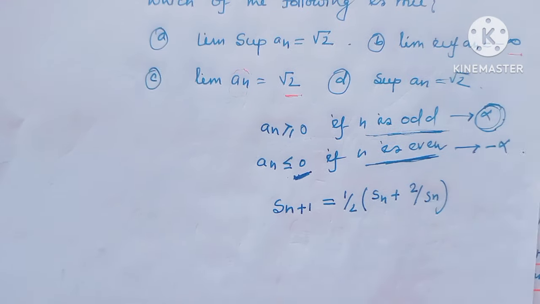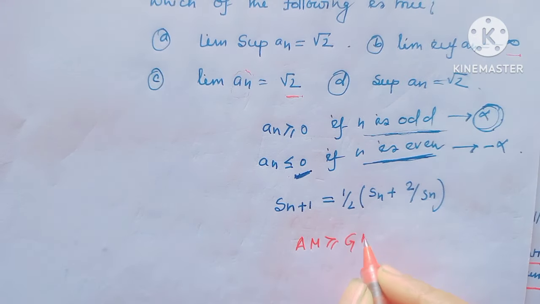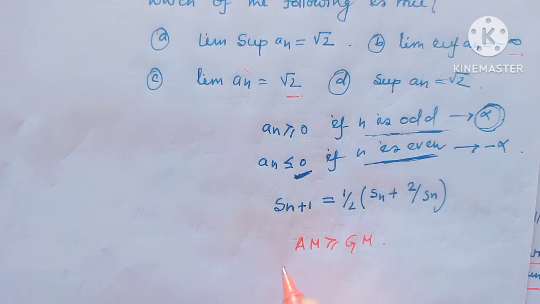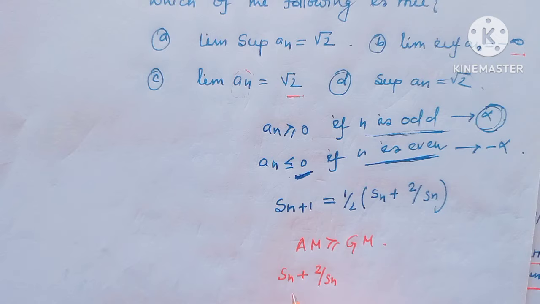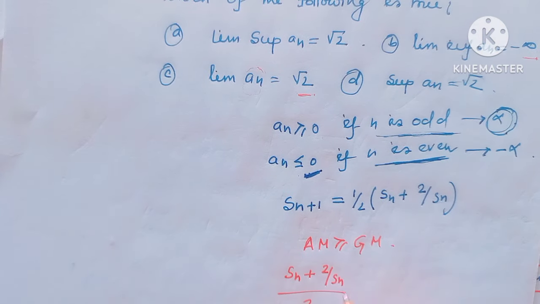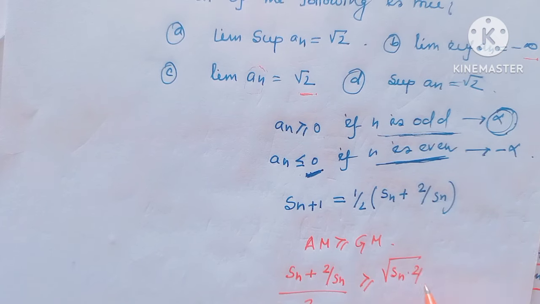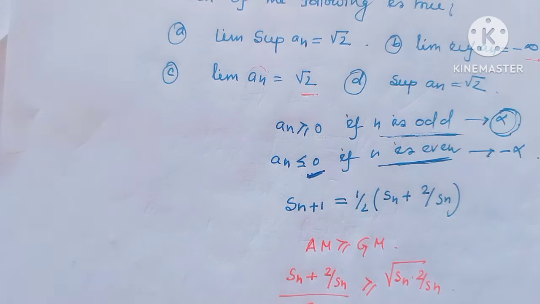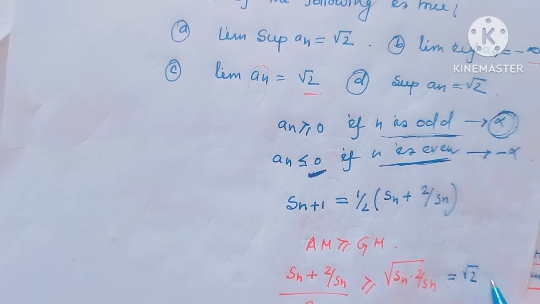If you consider AM greater than or equal to GM, then we all know that Sn plus 2 over Sn, divided by 2, is greater than or equal to the square root of Sn times 2 over Sn, and this is equal to square root of 2.